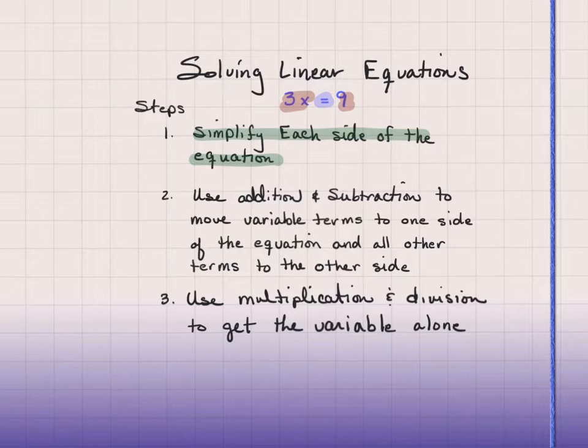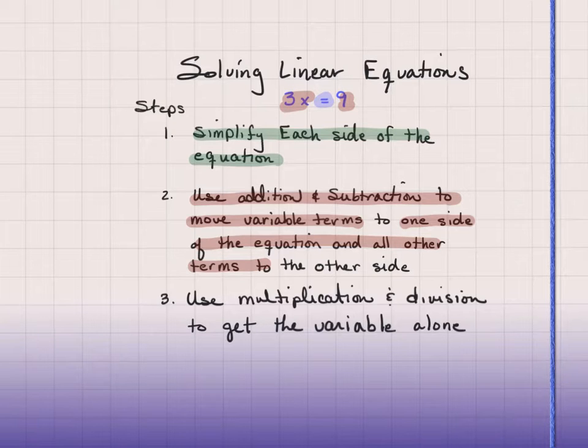Step 2 now, you're going to work with just addition and subtraction to move variable terms. Okay, remember what terms are, just numbers or variables or a product of a number and variable. So you're just going to use some addition and subtraction to move terms from one side of the equation to the other side.